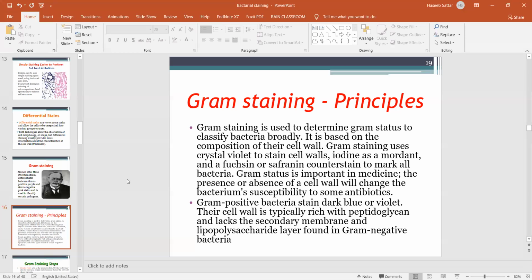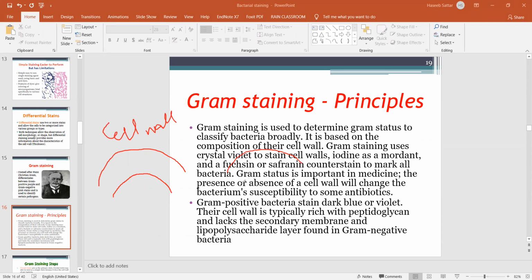So what is the basic staining principle? The gram staining principle depends on the bacterial cell wall. The cell wall of a bacterium is made up of peptidoglycan units.